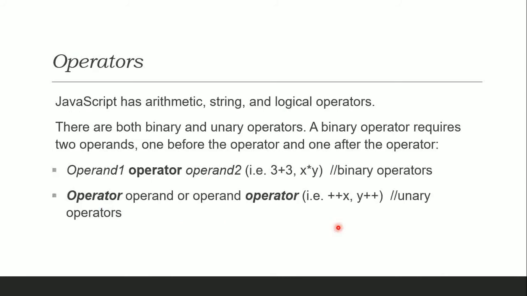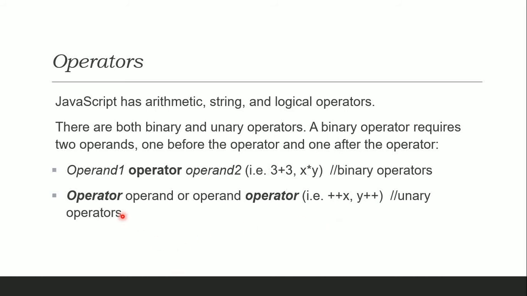Operators are tools or entities that are used to manipulate JavaScript data, more especially when it comes to arithmetic. Therefore, we need to note that an operator works with operands.